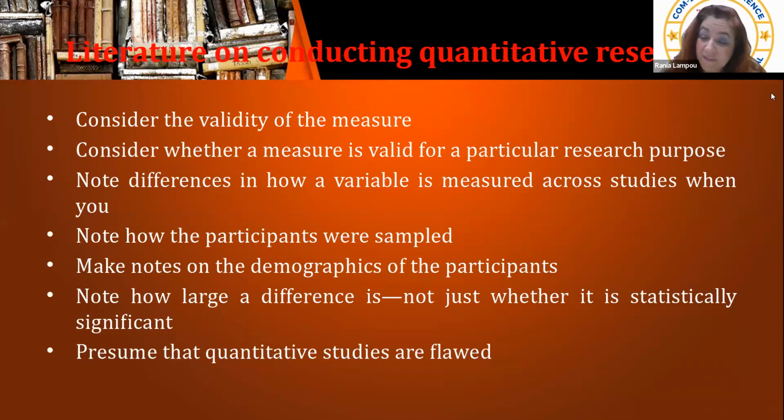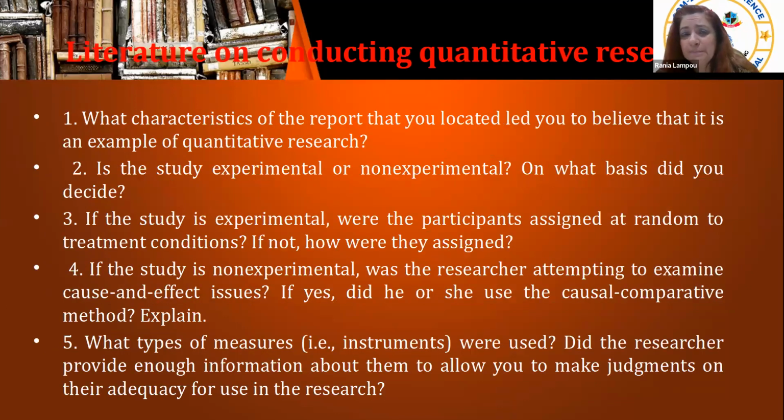Consider whether a measure is valid for a particular research purpose, know how the participants were sampled, always pay attention to the demographics of the participants, know how large a difference is, and presume that quantitative studies are flawed also. And the questions are based on these guidelines.